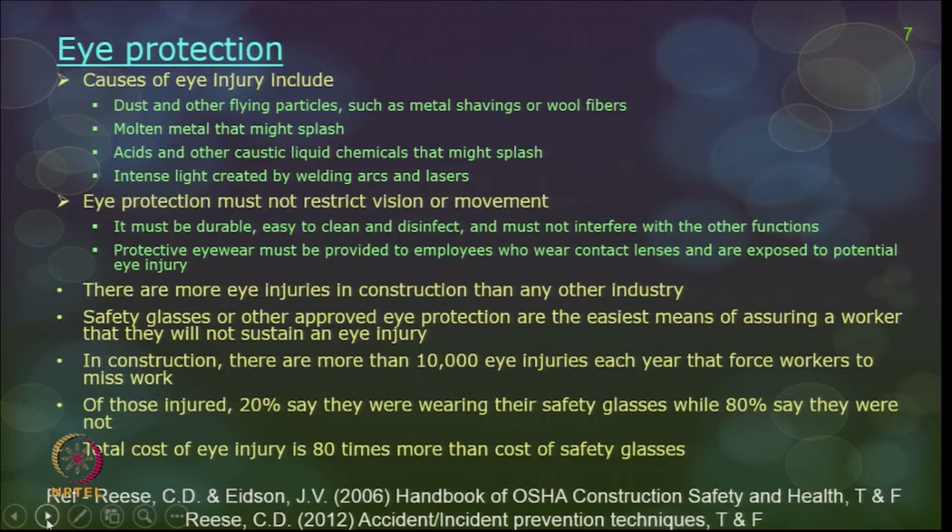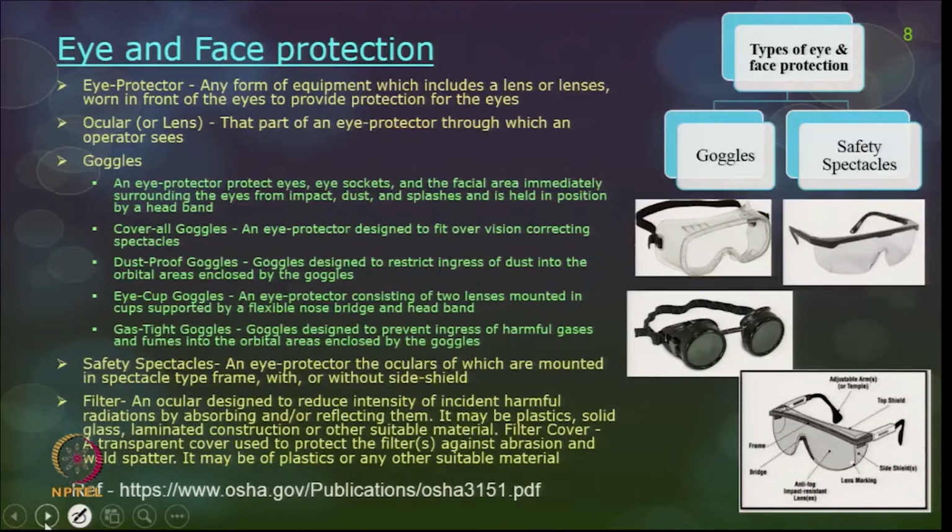And of those who were injured, 20% were wearing their safety glasses and 80% did not even have a proper eye protector in place. Compensation paid for an eye injury is almost 80 times more than the cost of a pair of safety glasses. So, better go for an eye protector rather than paying compensation for eye injuries.